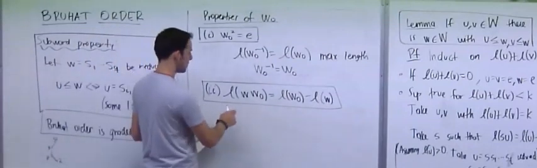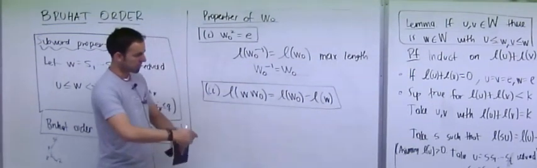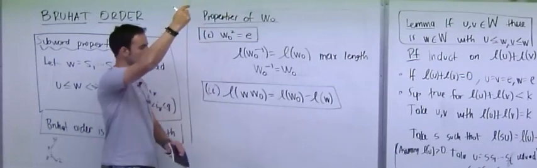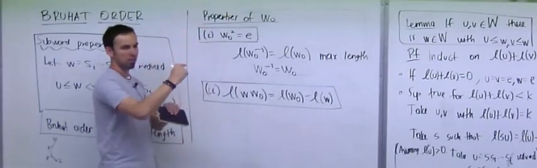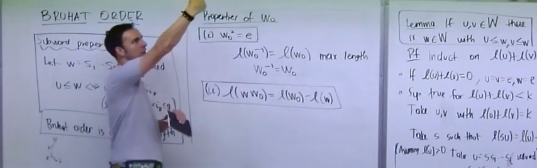Okay, so what this is saying is, you go from the bottom floor to the top floor. Here's the identity, here's W naught. If you take something in the floor K and you multiply it by W naught, then all of a sudden it goes to the floor N minus K.